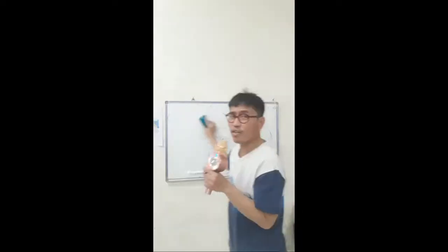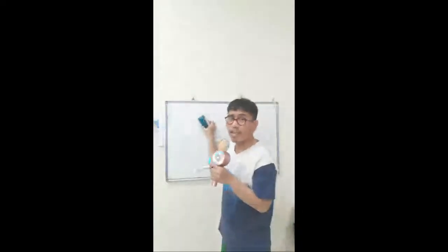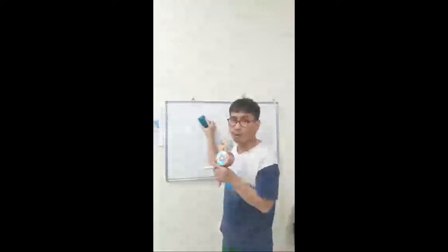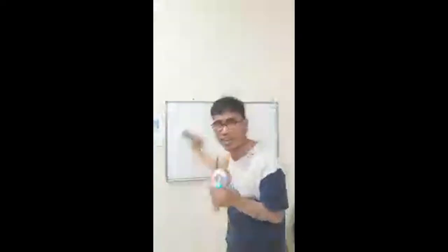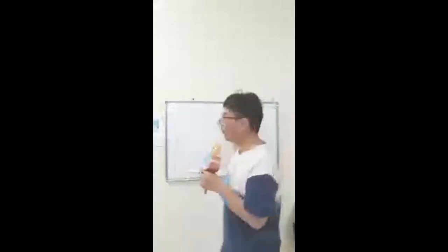Concentration in terms of parts per million and parts per billion. Okay, so if the problem jumbled all the units there, relax. Try to go to the basic formula, parts per million.